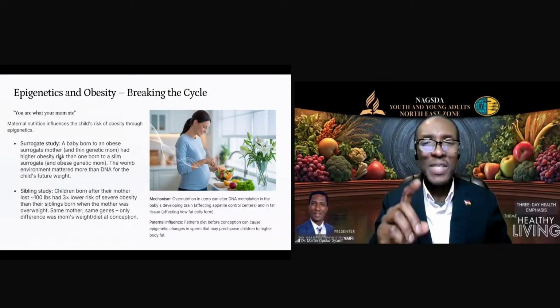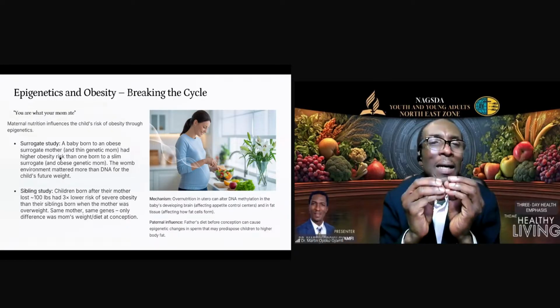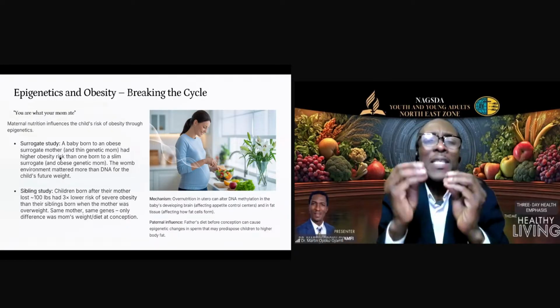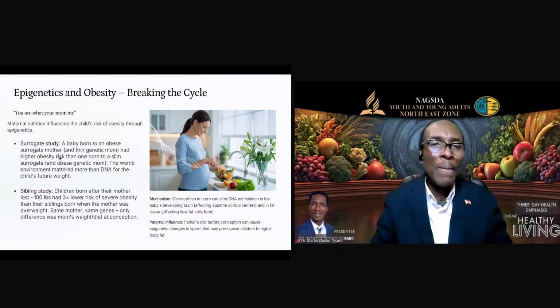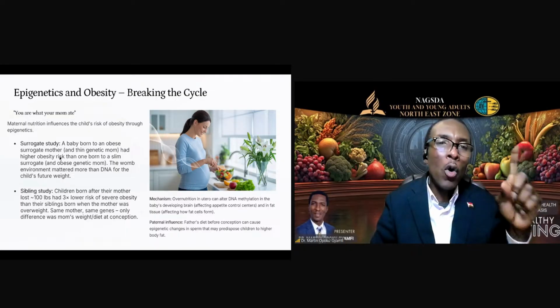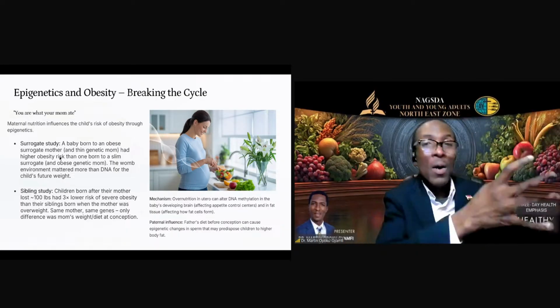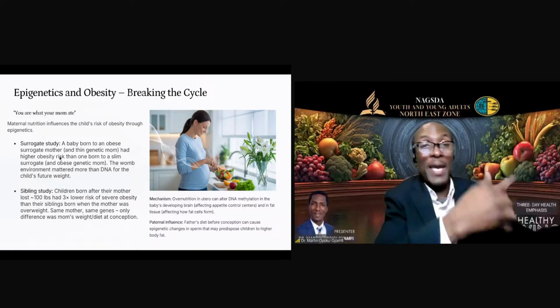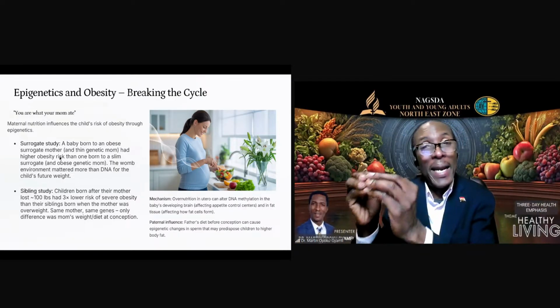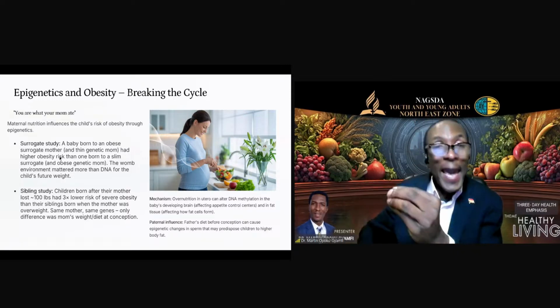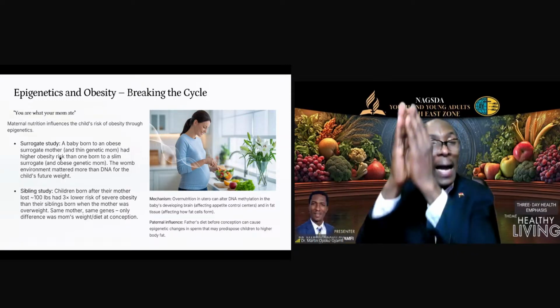And they conducted the research because they were trying to understand the effects of epigenetics versus genes. Which one is more powerful? And so this is what they found out. So babies who are born to an obese surrogate mother, so the mother who is incubating, carrying the baby, is obese, and then the donor mother, the real mother whose eggs are being implanted, is thin.